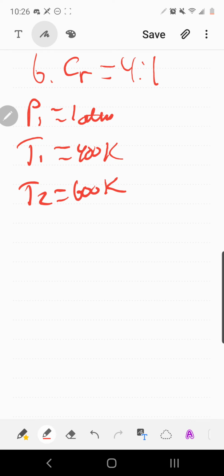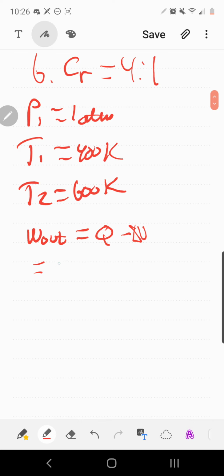Okay, so let's figure out what we need to find. We want the work done by this piston. So let's do some energy balance. We're going to use the first law of thermodynamics here. Total heat minus the work is equal to the change in internal energy.